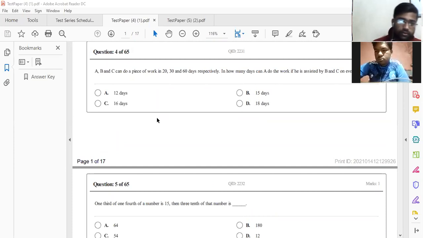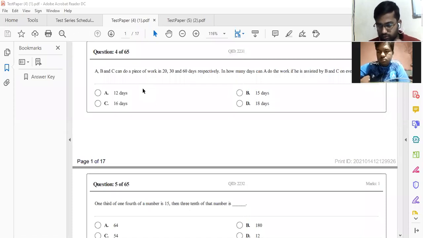A, B, C can do a piece of work in 20 days, 30 days, and 60 days respectively. Okay. So in how many days can A do the work if he is assisted by B and C on every third day? Okay. So let's say, first calculate 2-day work.